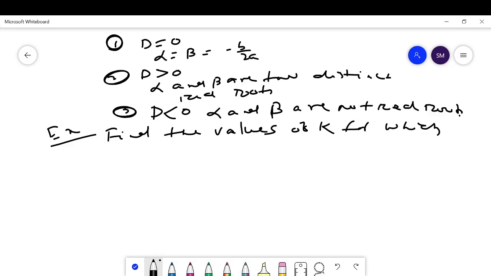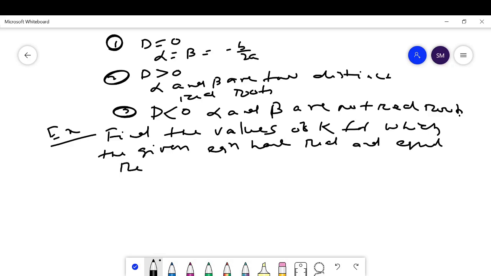Here, find the values of k for which the given equation has real and equal roots. In which condition do you get equal roots? When D is equal to 0, means b square minus 4ac is equal to 0.